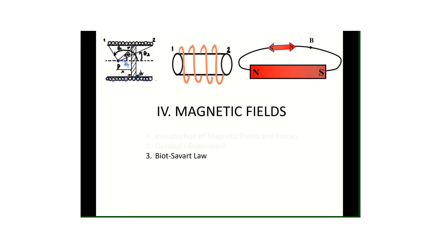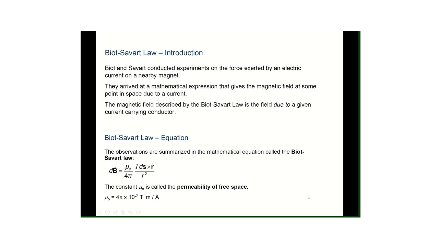In this video, I want to explain the concept of Biot-Savart Law. You already know that from the Ørsted experiment, Ørsted found that magnetic field can be induced by the conducting wire.